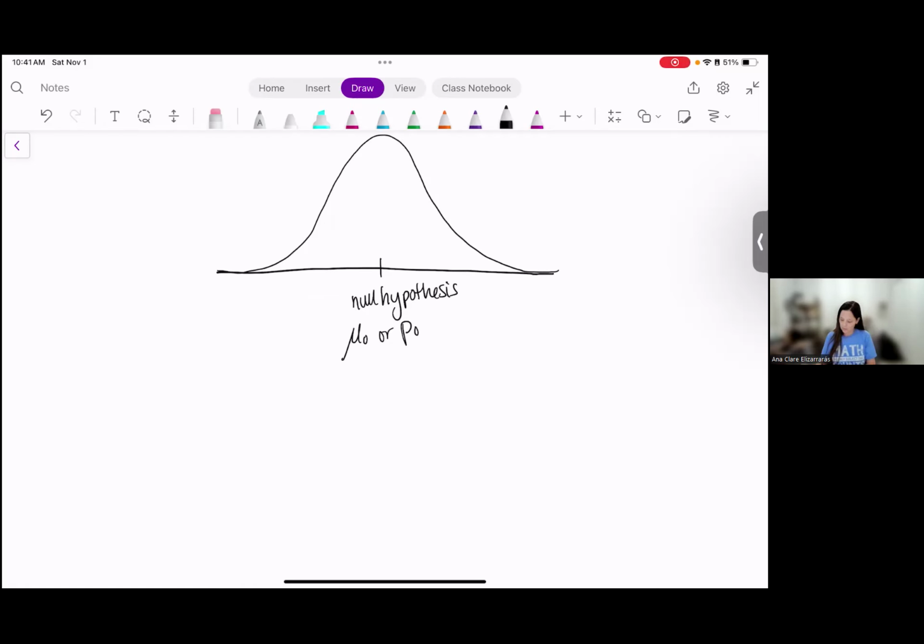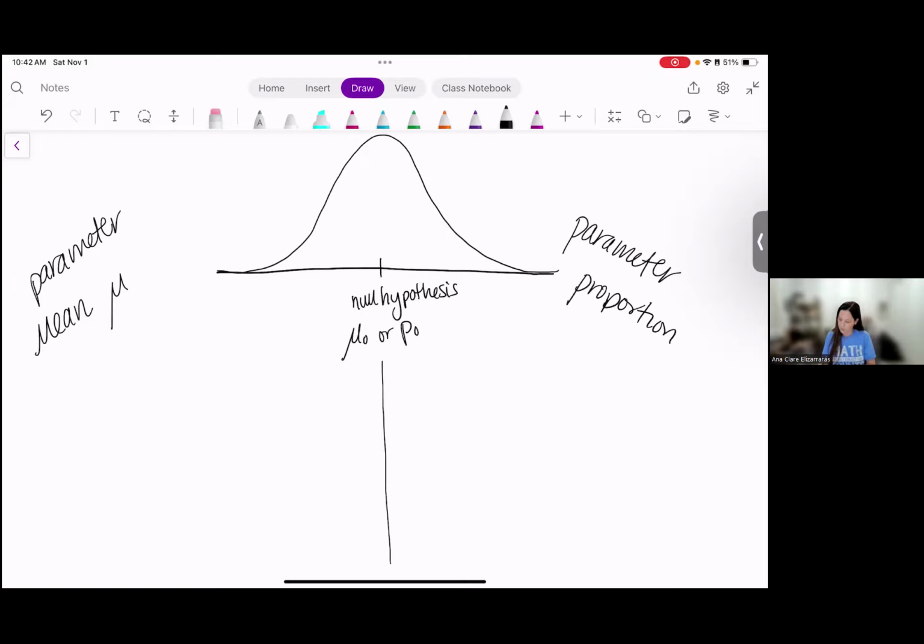For means, if that's your parameter, remember that's numerical data, or for proportions, mean has mu as our population parameter that we're using. For proportions, we're using P as our population proportion.